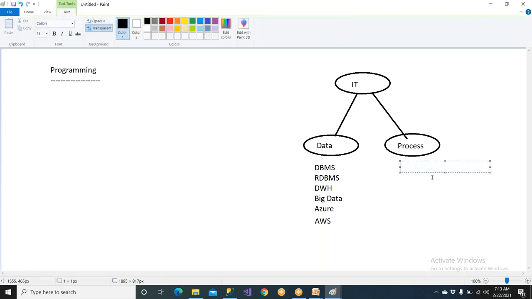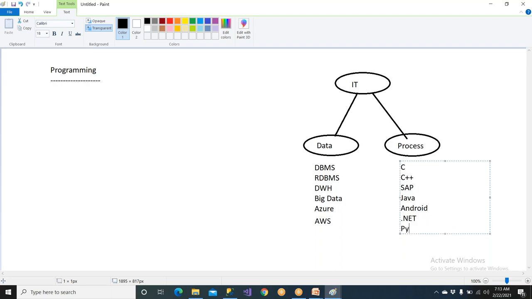For the processing purpose, we had a language called C, then we had C++, right? Then we have SAP, a lot of applications, and we have Java, then we have Android, then we have .NET.